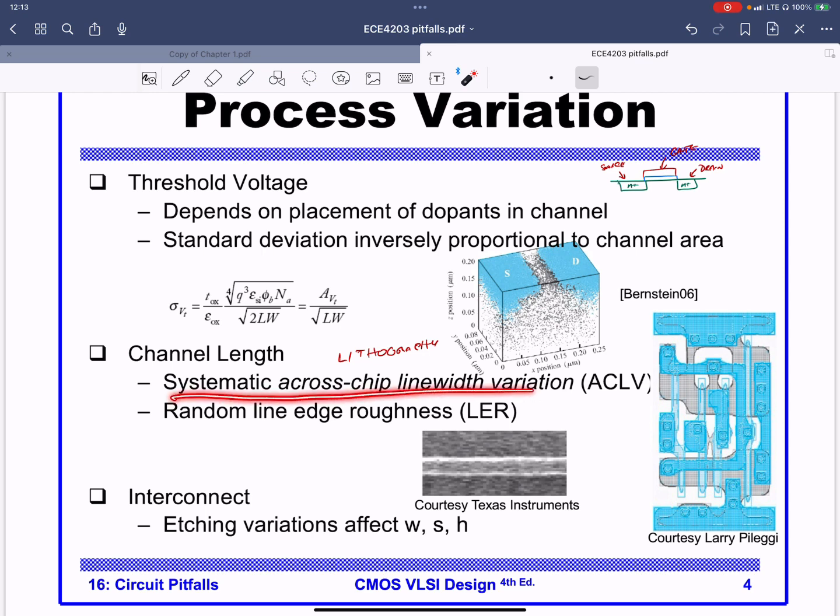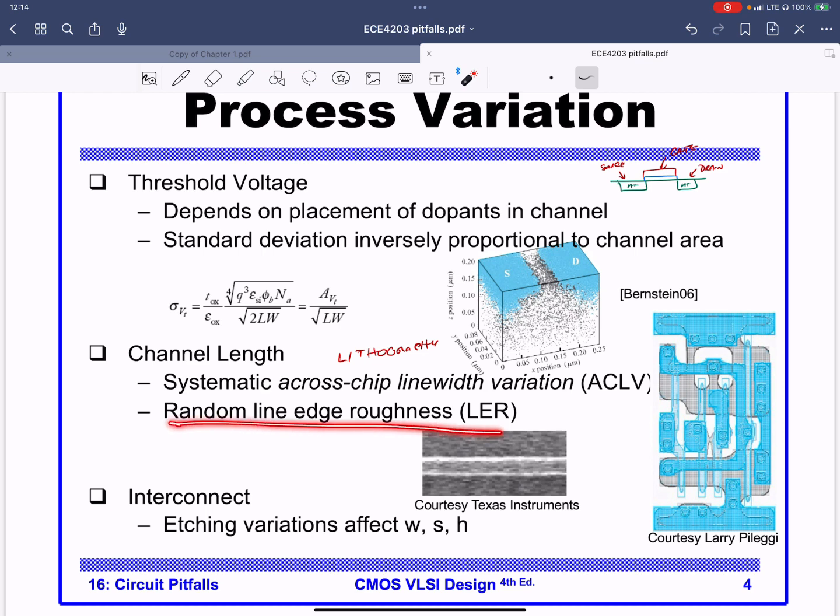The systematic means chip after chip, things on one side of the chip are going to look different than another side of the chip, just by the way the device was printed onto the silicon. So on one side of the chip the channel lengths may be shorter, which would mean those devices are faster, and on the side with longer transistors, vice versa, it'd be slower.